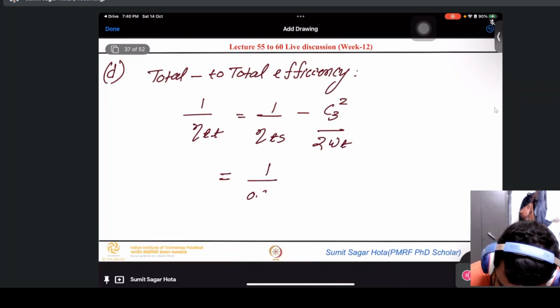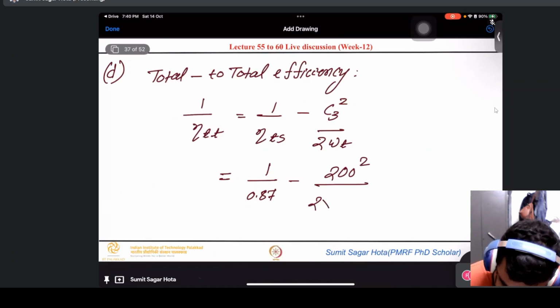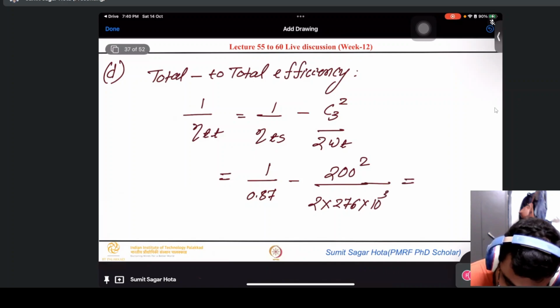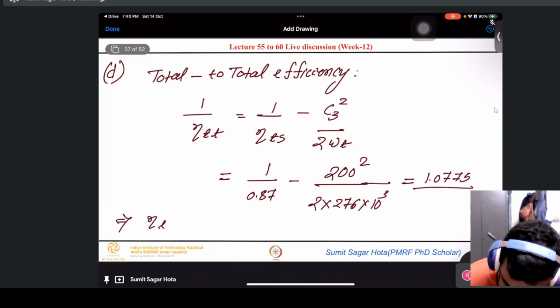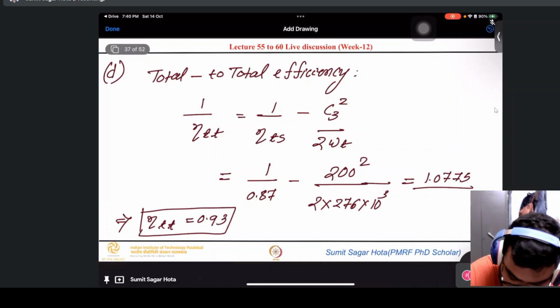So 1 by 0.87 minus 200 square by 2 into 276 into 10 to the power 3, equal to 1.0775. So eta_tt equal to 0.93. So eta_tt is greater than eta_ts.